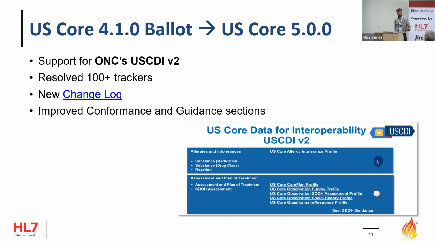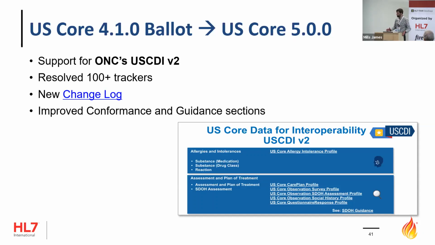And again, we continue to improve the conformance and guidance section, because folks have started to go through the certification process at ONC, and when vendors go to get certified and are told they're doing something wrong, I genuinely believe they're making their best effort to understand the spec. They come to Inferno, they come to us, and we try to clarify it to make sure the spec is written as clearly as possible. So again, improve conformance and guidance. I'm sure the next release will say more improvements in conformance and guidance. So it's a continuous thing.